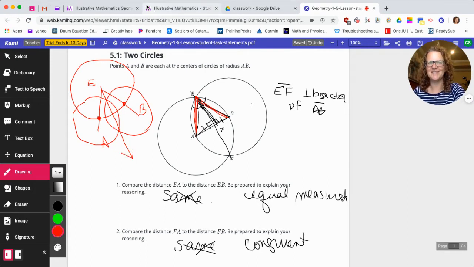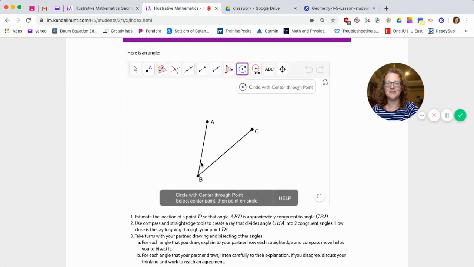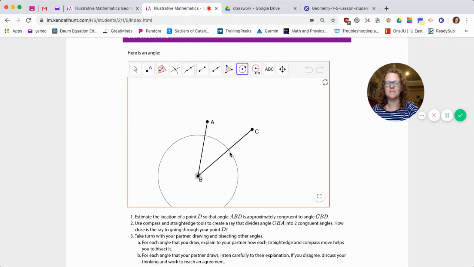Let's do it on GeoGebra. So I'm going to draw a circle at B. Okay, so if I show the intersection of this circle here and there, I know if I draw a circle at E and the exact same circle at F, where they intersect is going to be equidistant away.